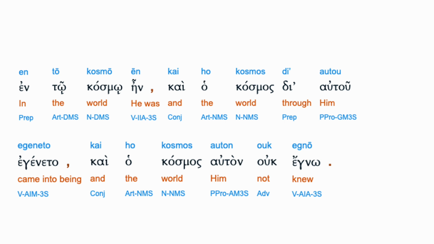As we move on to our last clause, kai ho kosmos auton ouk egno, and the world, him, did not know, or knew him not. Again, the word order in Greek doesn't make sense in English, but the syntax, which means the way that the words are laid out, in Greek doesn't matter as much as it does in English.